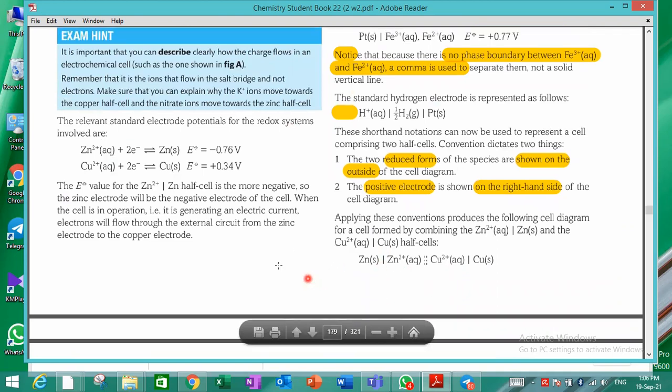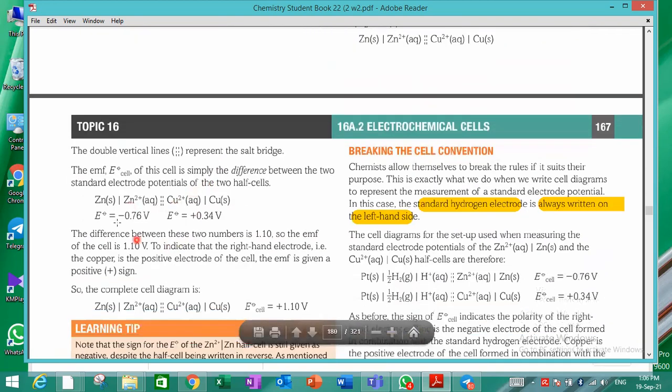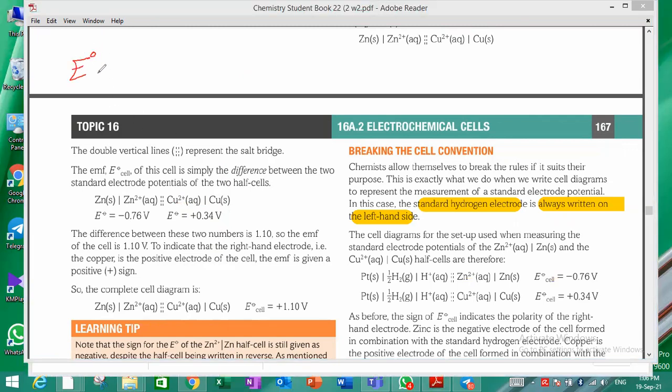So we write these two half cells in this way, and we can write the E° value of the zinc electrode below it, and the E° value for the copper electrode below it. And when we want to calculate the E°cell, which means the standard cell potential, we write E° right minus E° left.